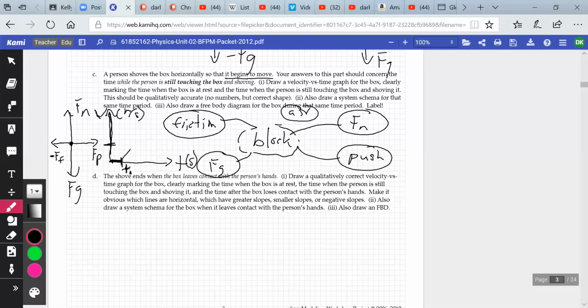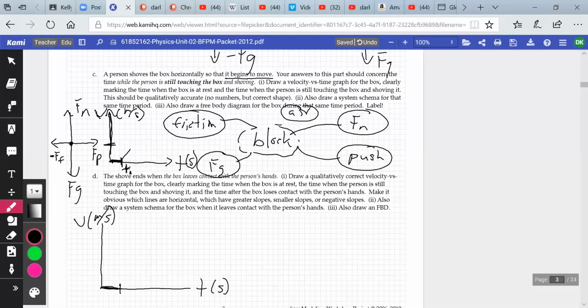Okay, so we have a VT graph, looks something like this. The object's at rest for a certain time t1, like before.